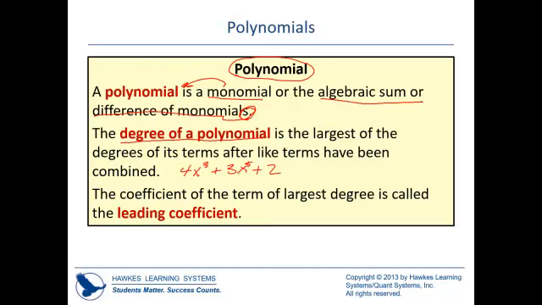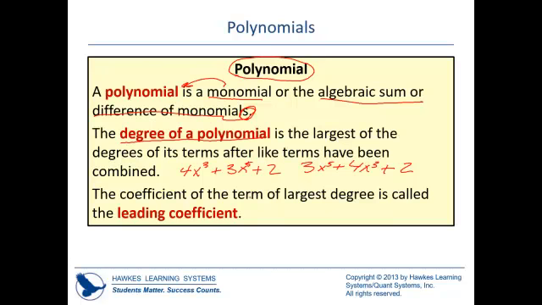Since x to the 5th is the highest one, I would put 3x to the 5th plus, and then the next one would be 4x to the 3rd. And then lastly, 2 does not have an exponent, so it would go as the final monomial expression in this little polynomial. See how we have our exponents going from higher to lower.